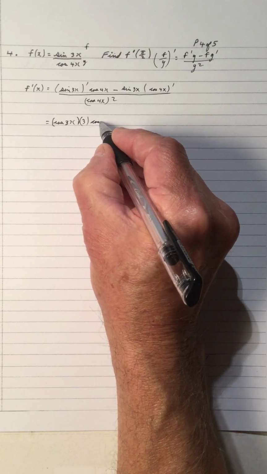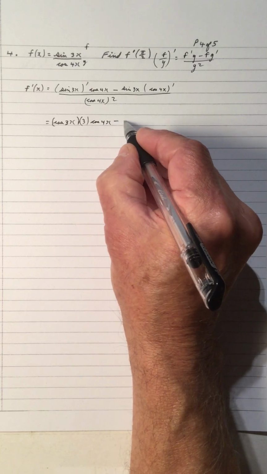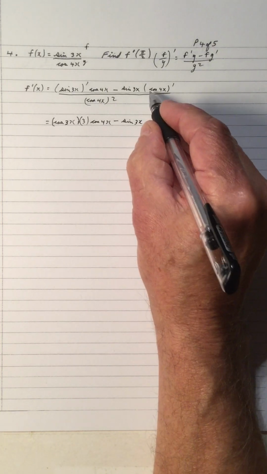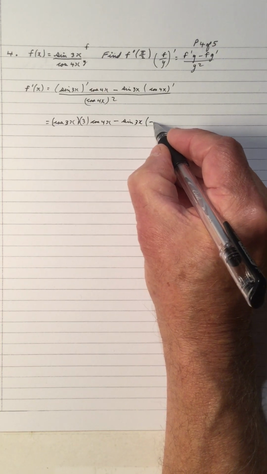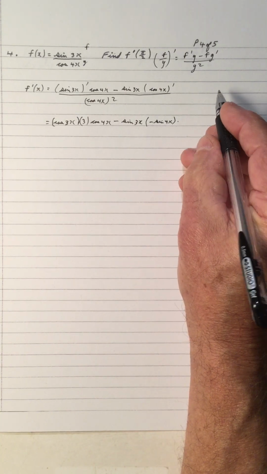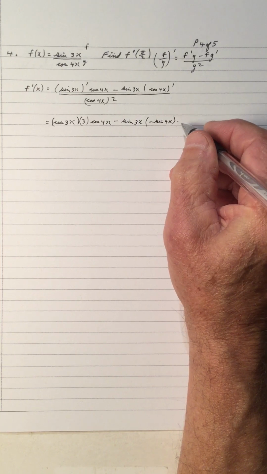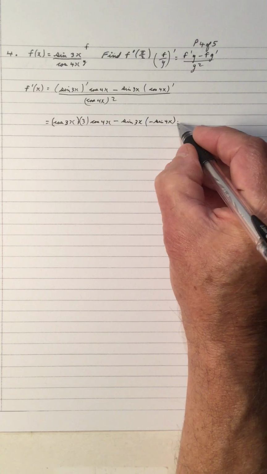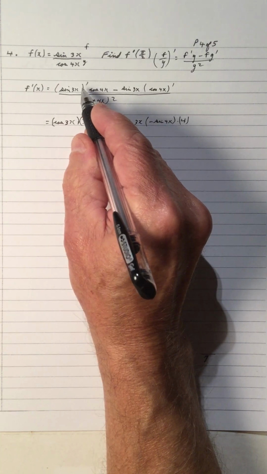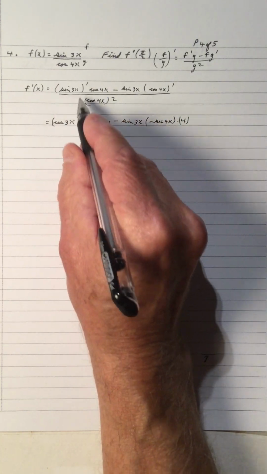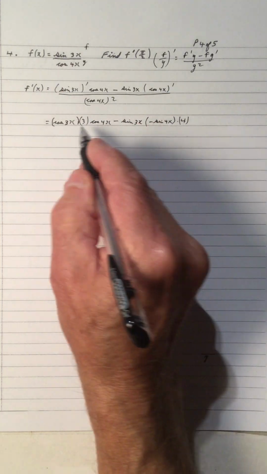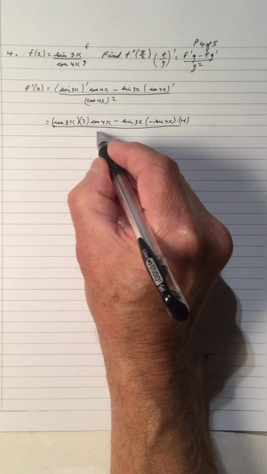And this is the cos of 4x minus the sine of 3x, and the derivative of cos of 4x is negative sine 4x, and notice I'm doing it all at one time now and not writing out the prime, so the derivative of 4x is a 4. So I have the prime here, but I just did the derivative of this chain right here, and I did the derivative of this here without writing it down, just doing a little shortcut.